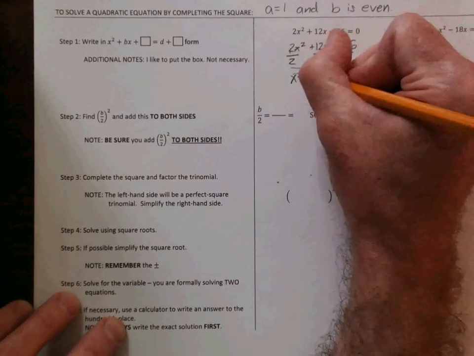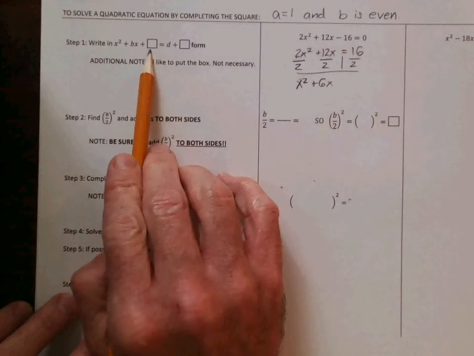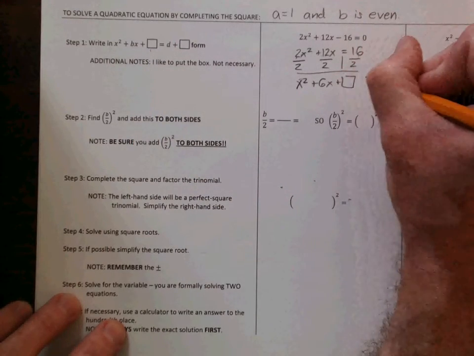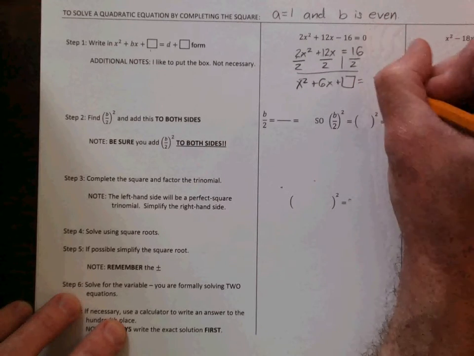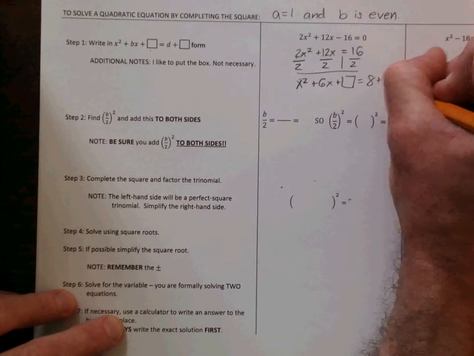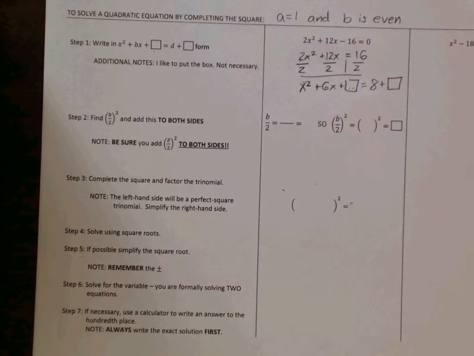x squared plus 6x. Now, I like to put the box plus box, or you can think square, is equal to 16 over 2 is 8, plus box. Notice the box is on both sides. So now we have to figure out what goes into the box.